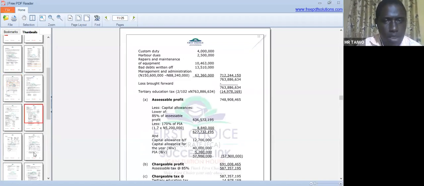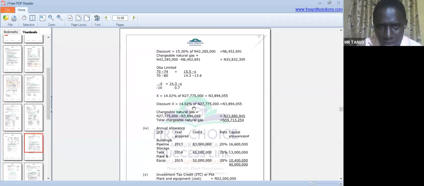That's what we should use. It means that there is a typographical error there. Look at this. 70 minus 74 over 14.3 minus X over 14.3 minus 13.6. It's not 15.5, it's 14.3 because that's for the 70. For 74, we are looking for it, that's X.